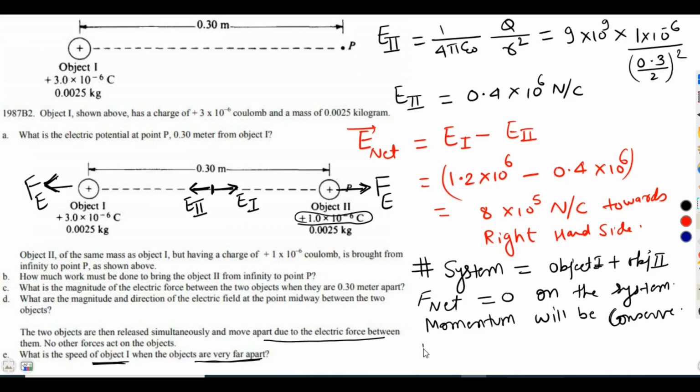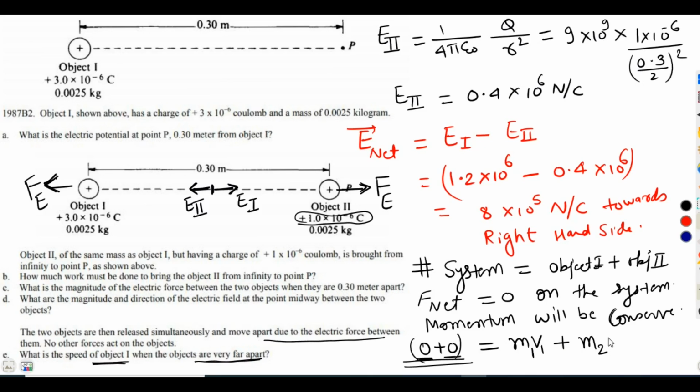Let us suppose that after releasing they move with velocities v1 and v2. So their momentum will be, in general, m1 v1 plus m2 v2, correct?